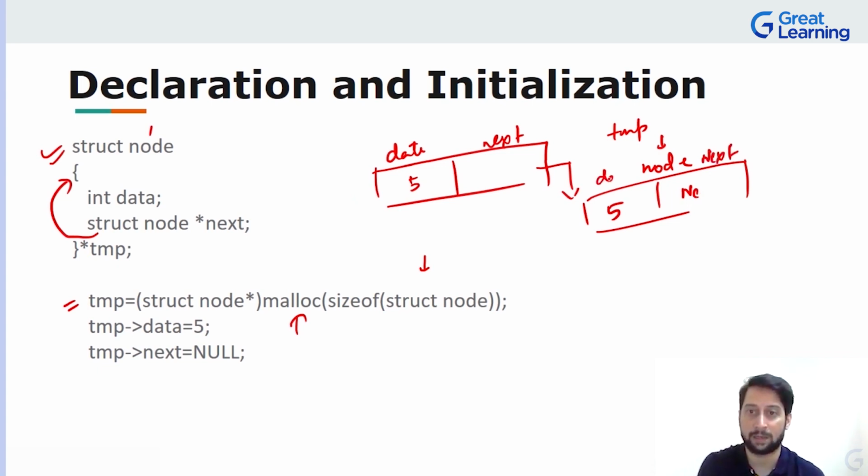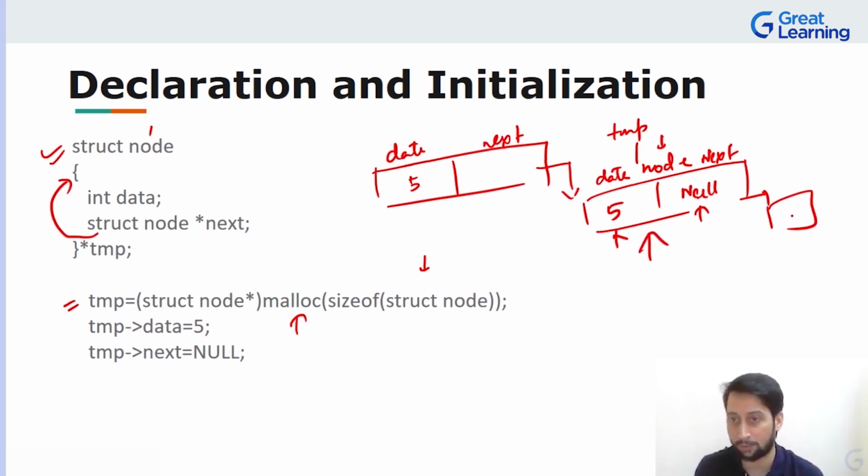Then we assign null to the next part, because there is no node which this particular node is pointing to. That is why it is null. So this is how you declare and initialize your node while you're implementing stack using linked list.